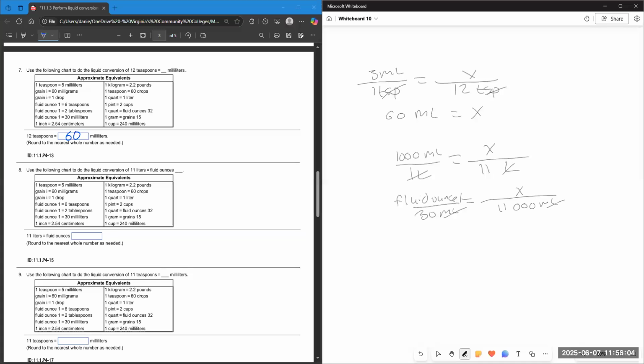Milliliters cancel. 11,000 divided by 30 is X. Want this as a mixed number. 366 and 2/3.